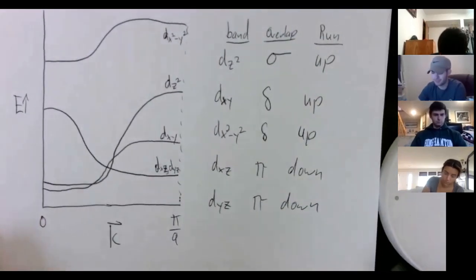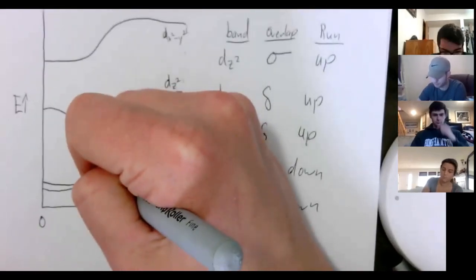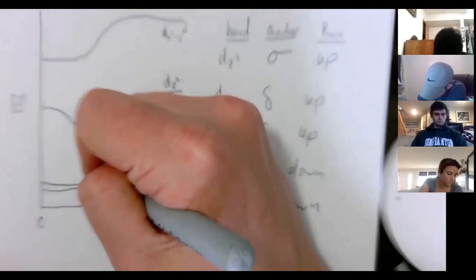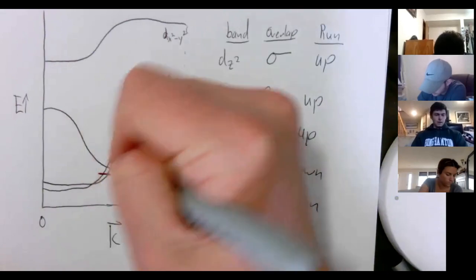Okay. Now, if we were to look at the center of each of these bands, you don't have to draw this in, but I just want you to keep this in mind. So we're going to cut the center of them.